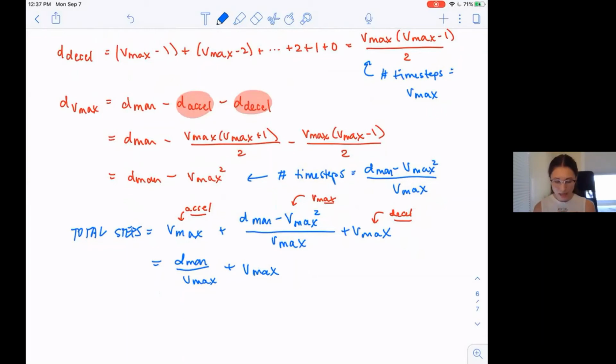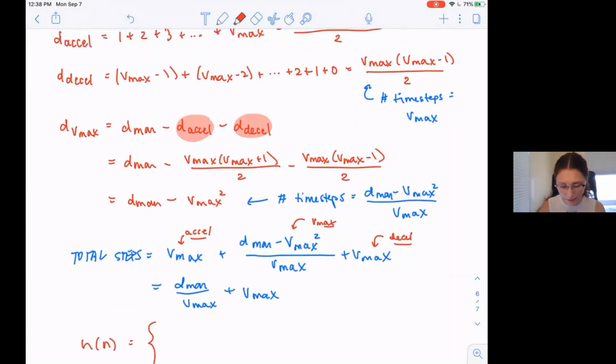The last thing that we need to do is think a little bit more about what our final heuristic is, because we need to think about the scenario that might arise here. So let's think about this equation that we use to solve for the distance traveled at max velocity.